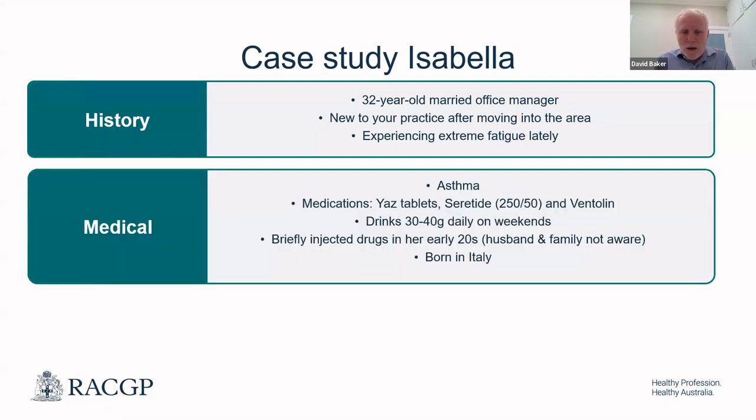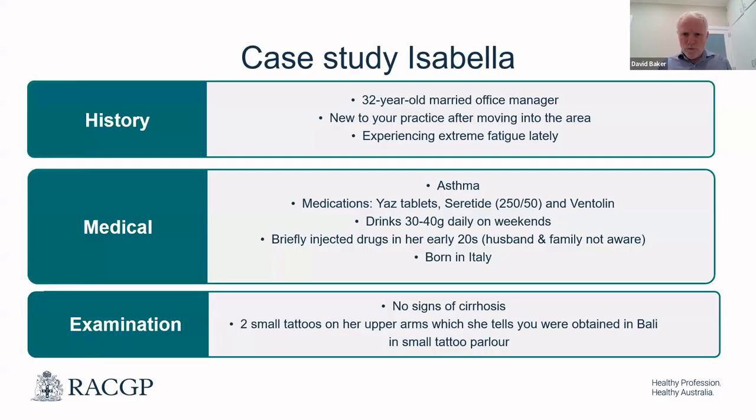So the past history, she has a history of well-controlled asthma on inhaled steroids and Ventolin. She has 3 or 4 drinks on Friday and Saturday night, but then she discloses that she had briefly injected drugs in her early 20s, and she hasn't disclosed this to her husband and family.